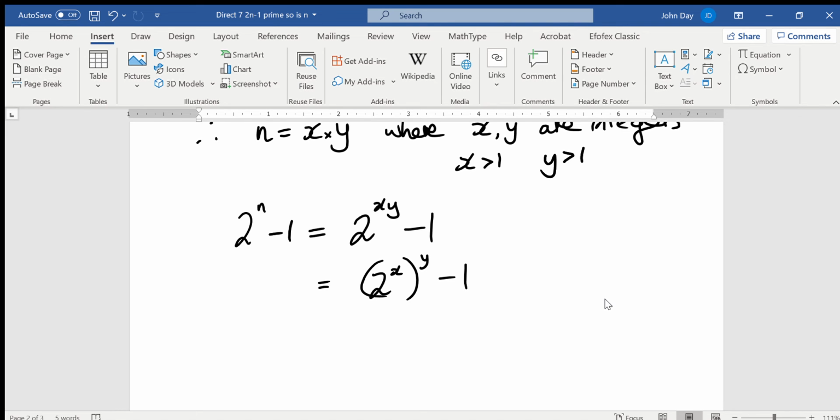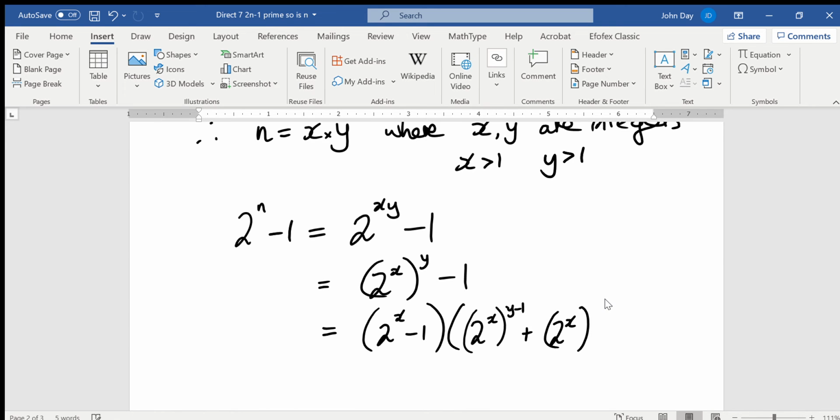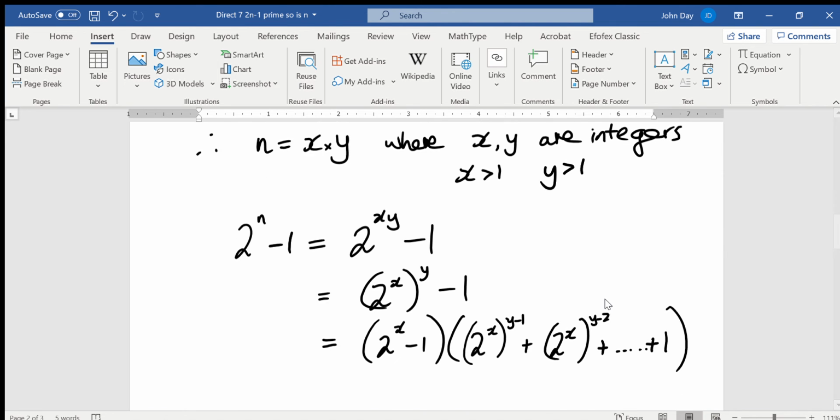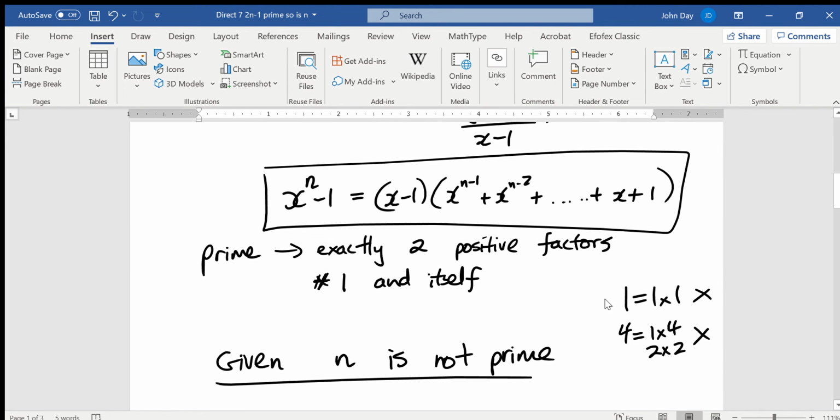Now we can use our identity. That's the same as (2 to the x minus 1) times (2 to the x, powered up to y minus 1, plus 2 to the x, powered up to y minus 2, and all the way down to the last thing, 1), using that identity up here, where the base, in this case 2 to the x, is powered up to 1 less than the power y in the second set of brackets, and it goes all the way down to 1.